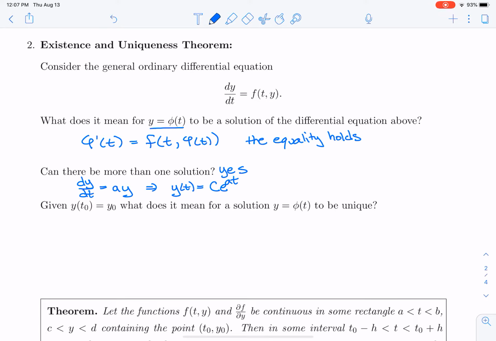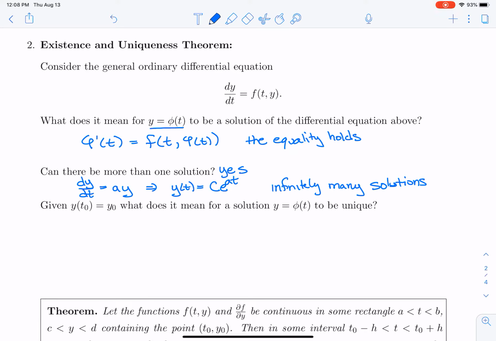And that c is an arbitrary constant. And so we can see that there can be more than one solution to the problem. In this case, there are actually infinitely many solutions. Each one of those solutions, though, corresponds to an initial condition. So once I specify the initial condition, then I can specify what the constant c is.